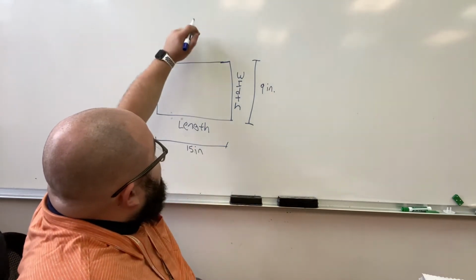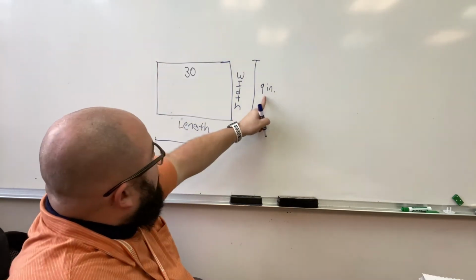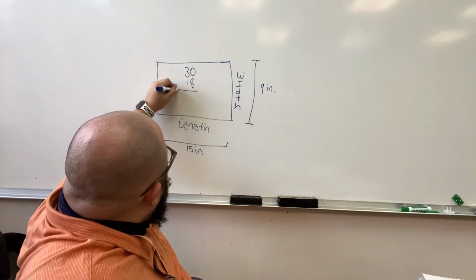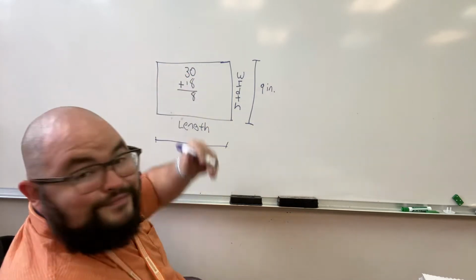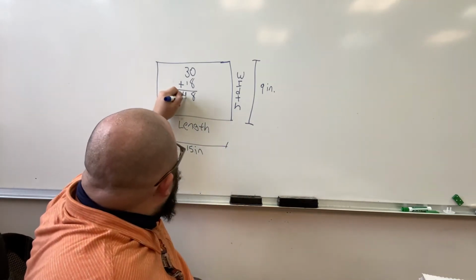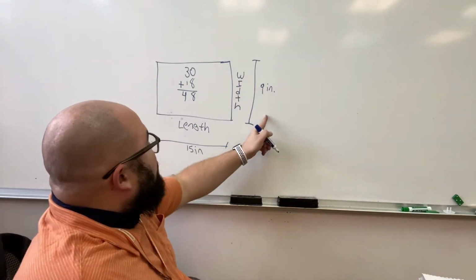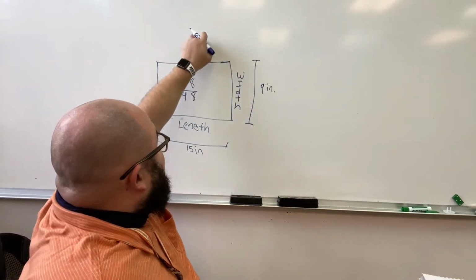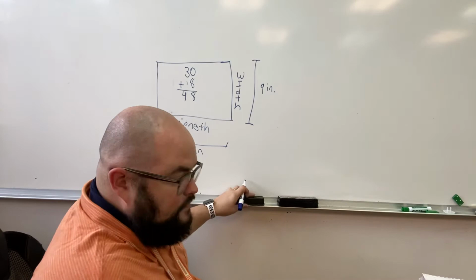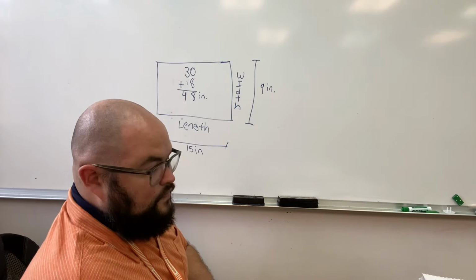Or we could say 15 plus 15 is 30, and 9 plus 9 is 18. Now we add it. 8 plus 0 is 8, and 3 plus 1 is 4. So we have 48 inches total. 15 and 9 is 24, and then plus 15 and 9 is 24, and 24 and 24 is 48. So what's the perimeter in inches? We have 48 inches.